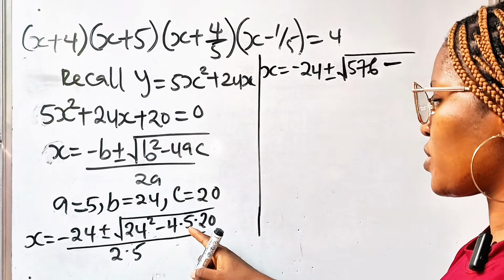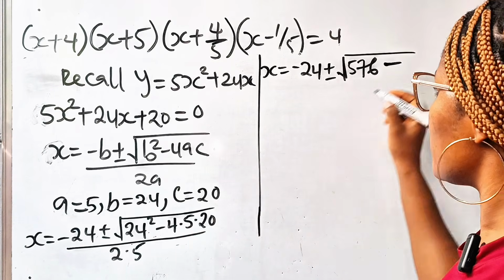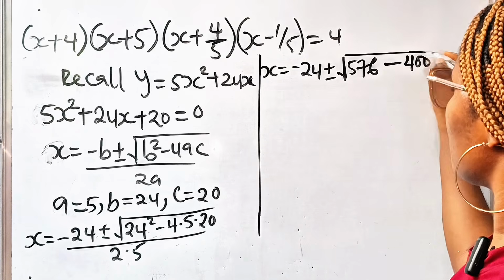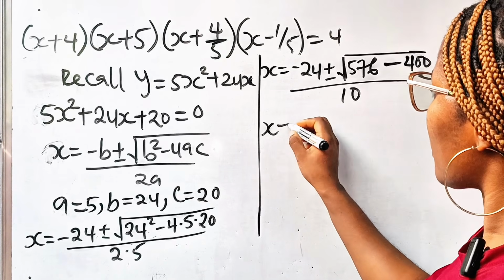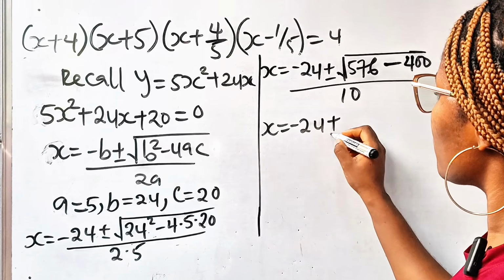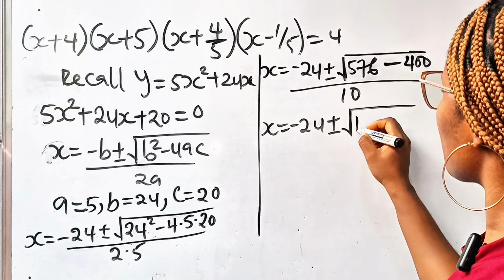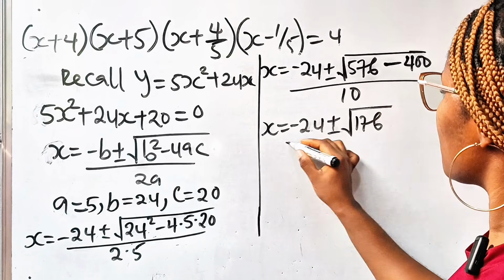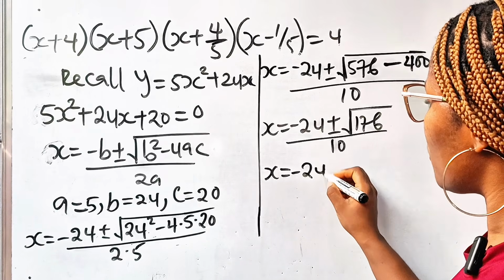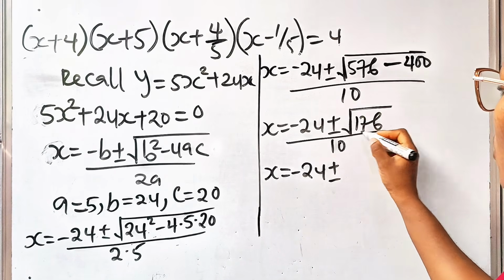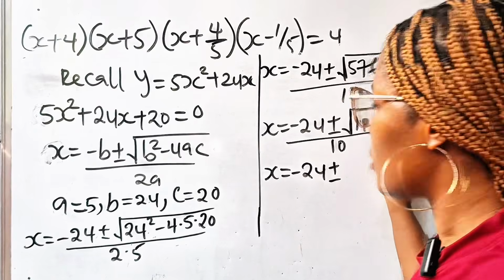Minus. Now, 4 times 5 is 20. 20 times 20 is 400. Divided by 10. So we have x is minus 24 plus or minus square root of 176 divided by 10. You can see that 1 plus 6 will give us 7, right?